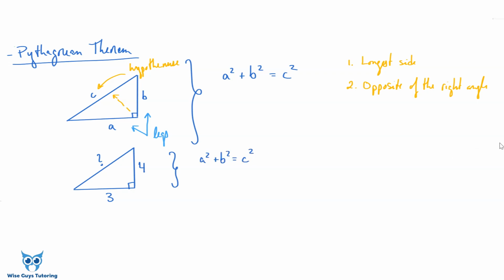Now we know that the hypotenuse is that longest side which is opposite of my right angle. We'll call that c. The other two, I'll just call them a and b. Those are interchangeable. It doesn't matter if you want to call that one b and that one a, it won't change anything. But the main thing is you got to get c correct.